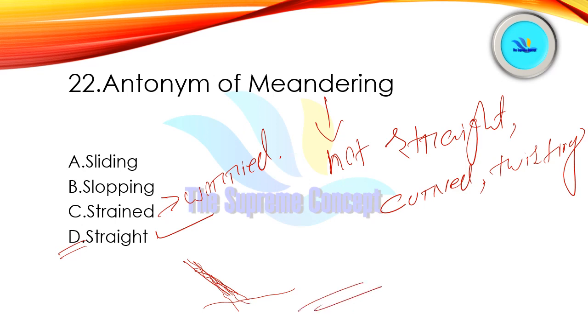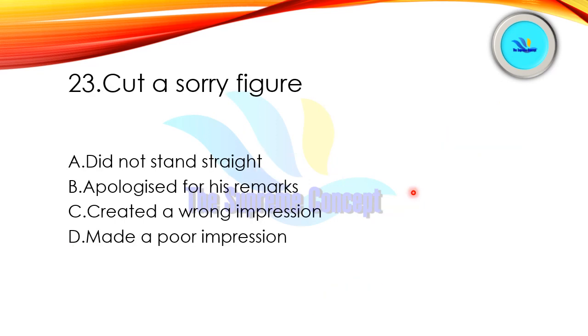So let us move. Question number 23 is based on idiom. So find out the meaning of this idiom, cut a sorry figure. These are the meanings that are given to us. Yes, you're right. Option number C is correct here. Created a wrong impression is called cut a sorry figure.